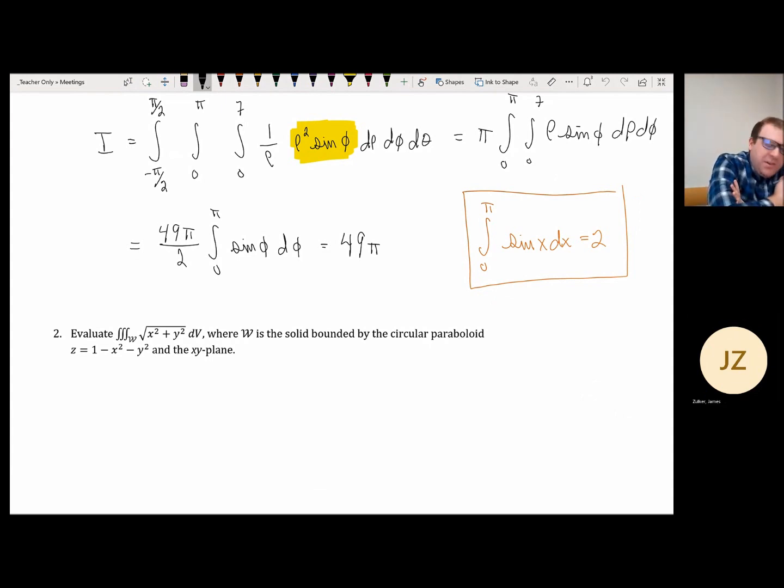We're going to integrate square root of x squared plus y squared over the solid bounded by z equals 1 minus x squared minus y squared and the xy plane. Really curious.